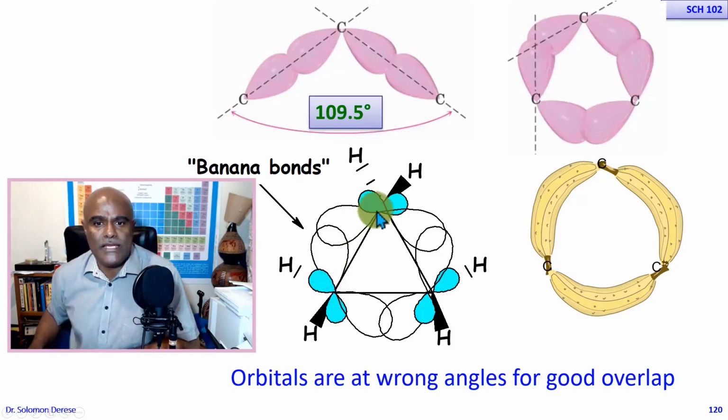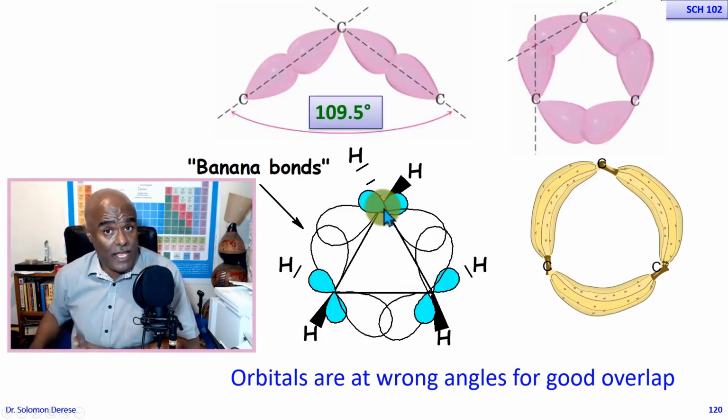They are not under the direct influence of the nucleus. As a result, the sigma bond that holds the cyclopropane molecule in the ring is very, very weak. They are very unstable.